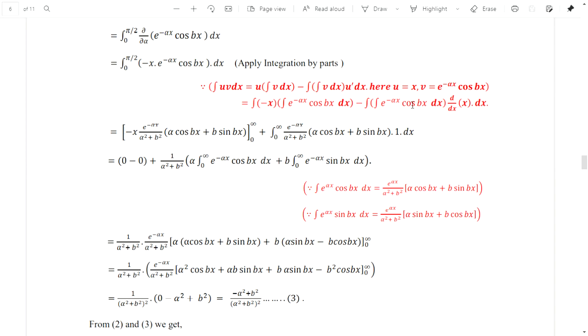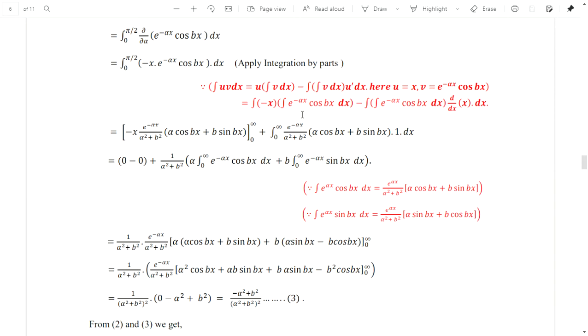I substituted the values of u and v in this formula, so that we will get minus x into the integral of this function.